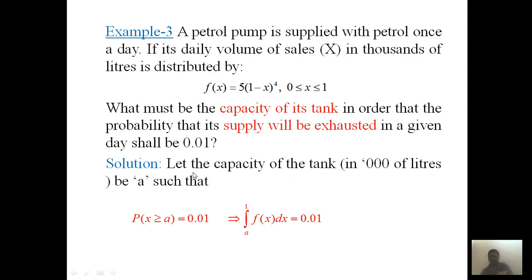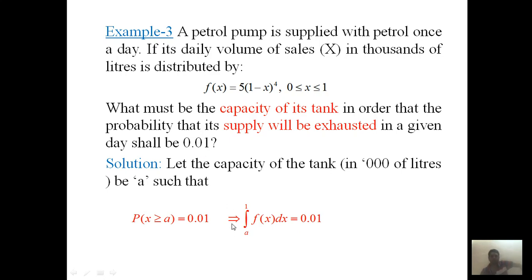So we write the probability of x greater than or equal to A, and its probability is given as 0.01.